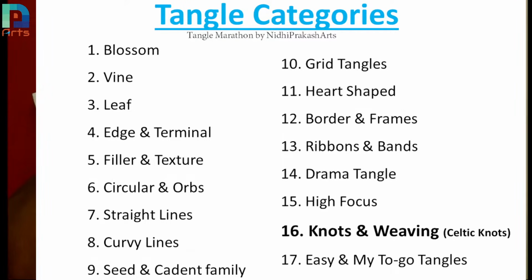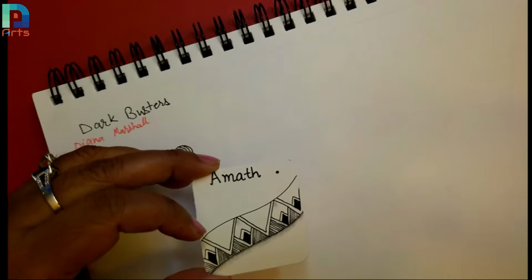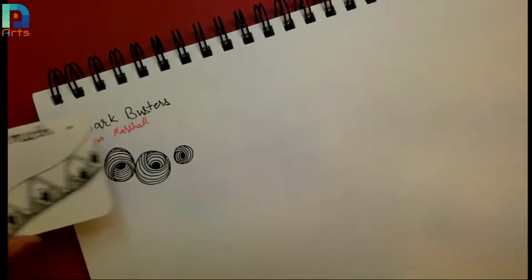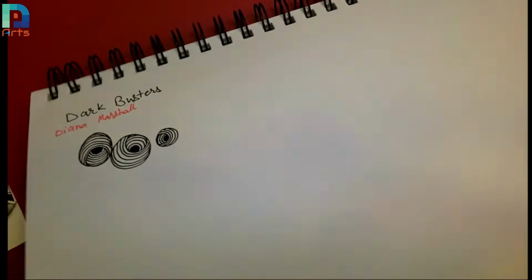My idea of making these two categories is generally I put in the border and the frames where I get the straight edges, and in the ribbons and the bands when the edges are not that straight, but you can give a curve to any of the tangles. So let me move to the ribbon.